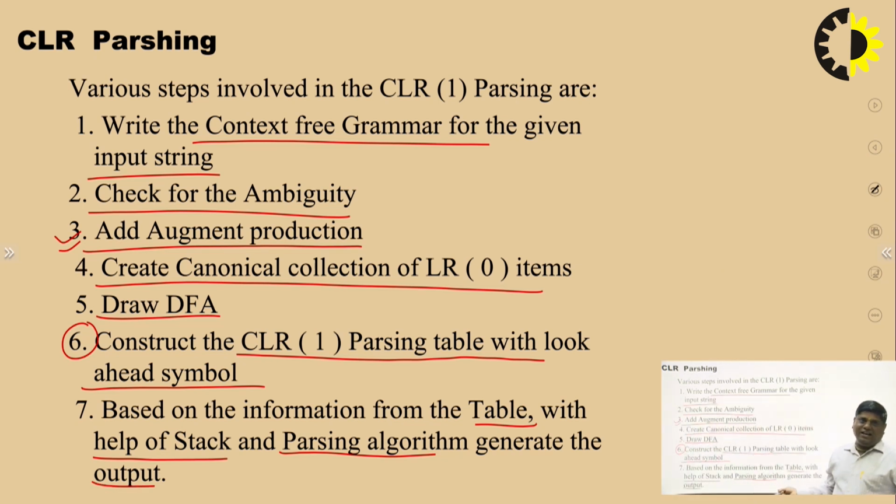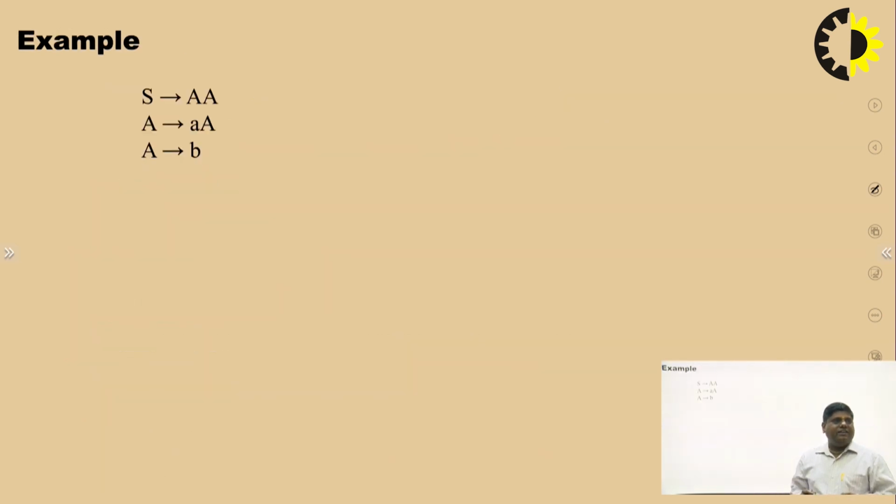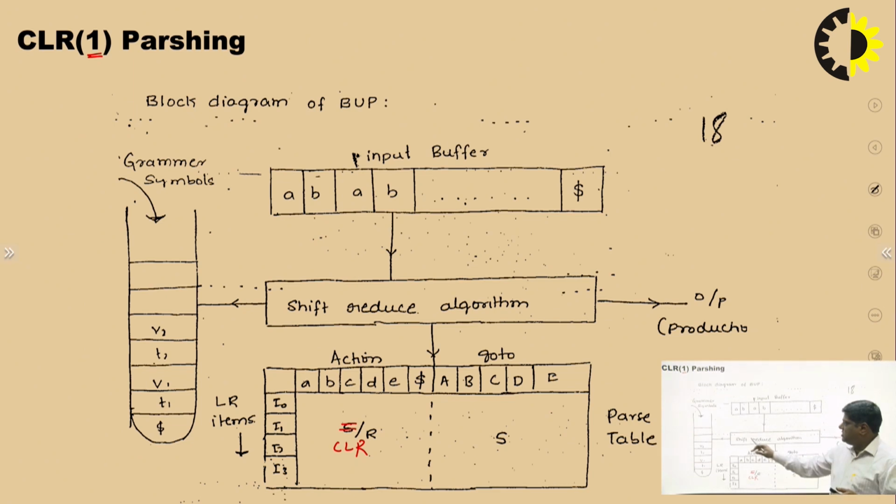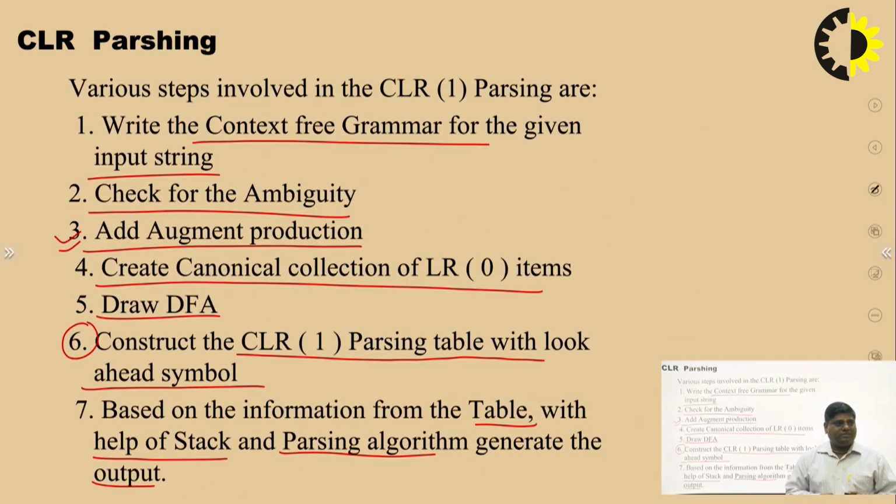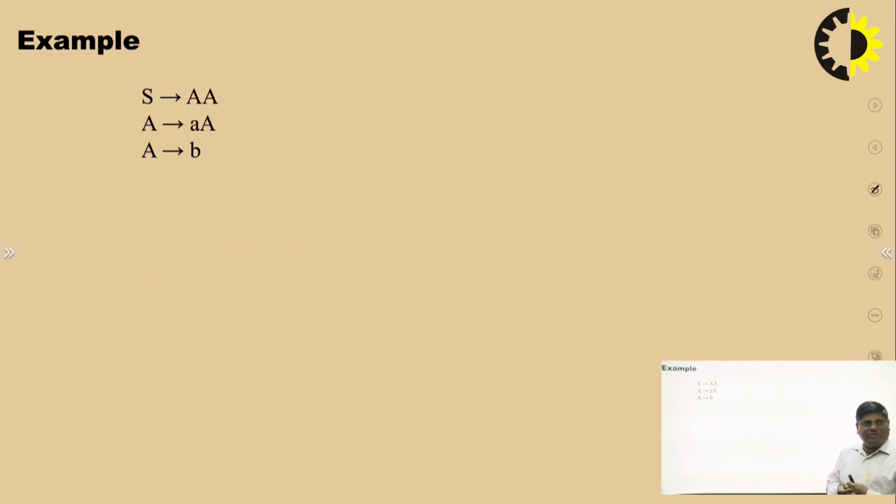This is the last step of CLR parsing: with the help of the stack, parsing table, and algorithm, we generate the final outcome. That is the main concept of CLR parsing. Now we take a very simple example for better understanding of CLR parsing.